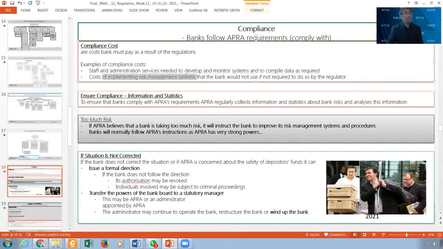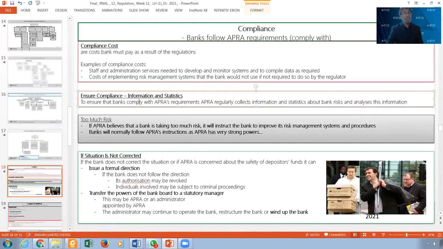You have the cost of implementation, and you have to ensure compliance with EBRA's requirements. You collect information and statistics. They can be sent in monthly sometimes, but of course they are sent on a quarterly basis.